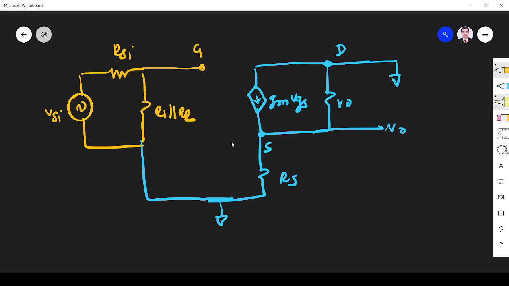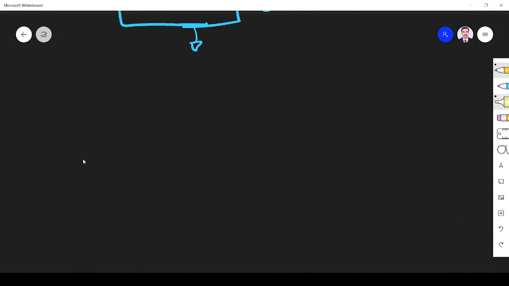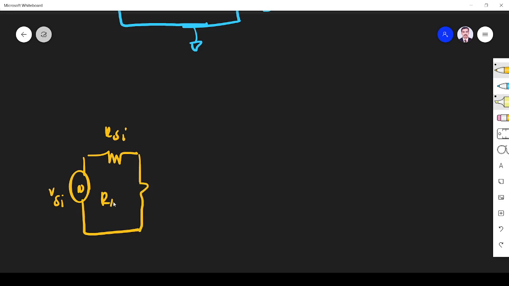Let me redraw the circuit in a simpler fashion. This is VSI, RSI, R1 parallel R2, and then the gate comes here, with VGS plus and minus.